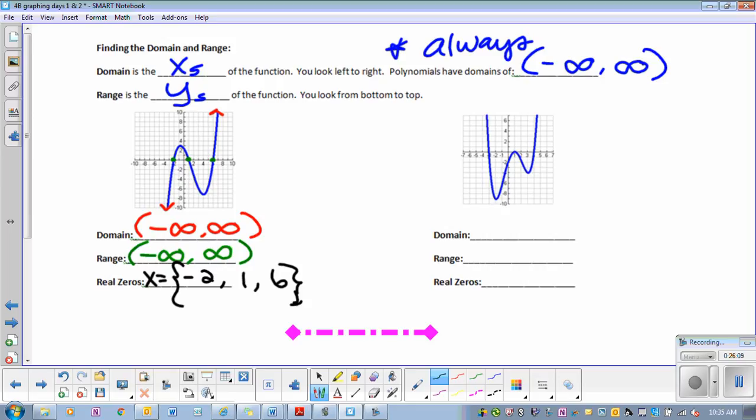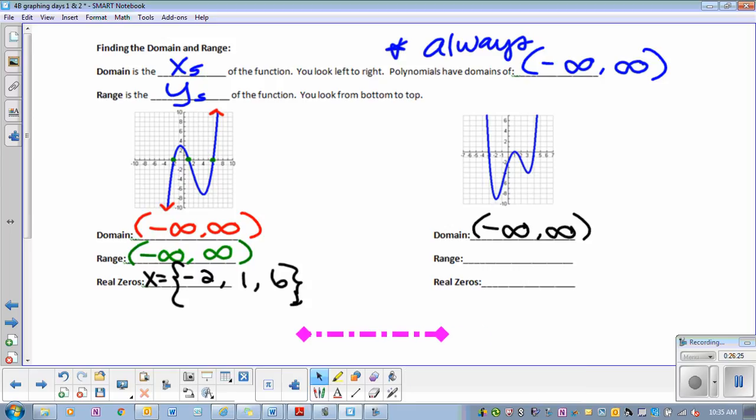All right. So let's look at the next one. What is the domain? Yeah, got it. Always. The domain always, for your polynomials. Now, let's talk about the range for this guy. Do you see an arrow going down? No. So this means that we're not going all the way down to negative infinity. We've got to see where this graph starts. I'm sorry, Tom? Good.